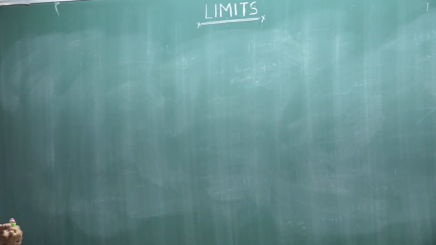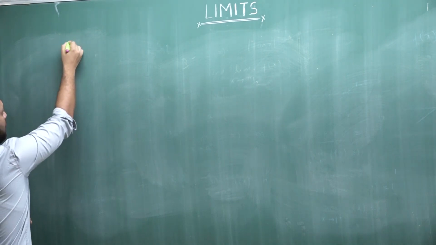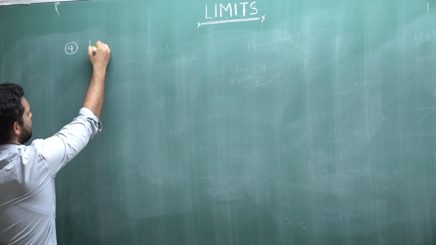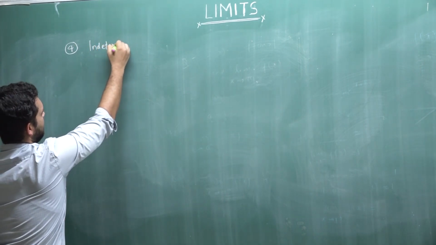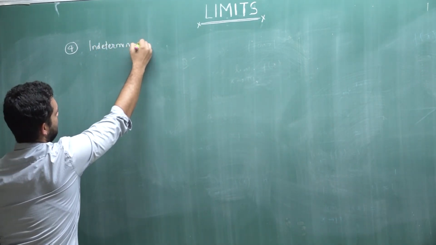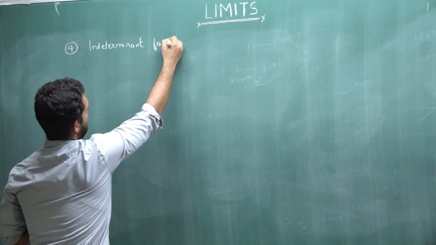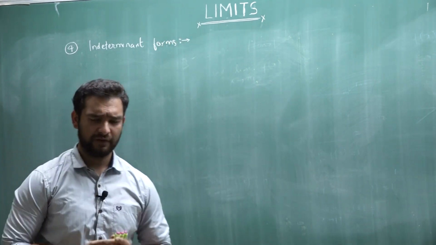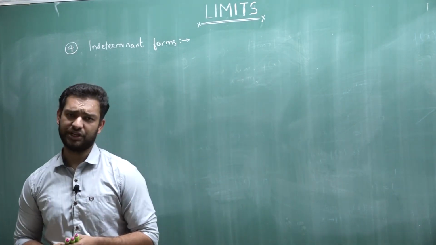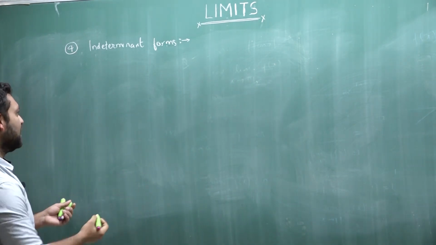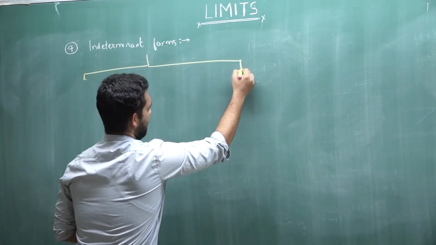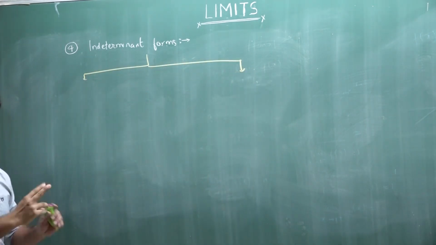Okay, moving on to the next thing, that is indeterminate forms of limits. So basically there are 7 indeterminate forms of limits and they are interchangeable. I'll be listing all of them in groups of 2 types.